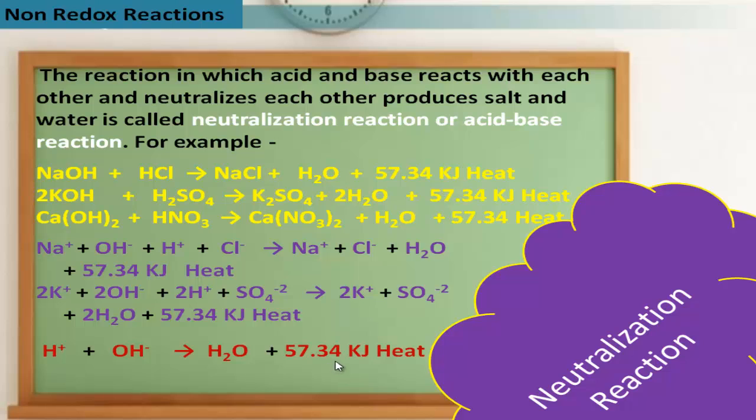For this, a fixed amount of heat is produced, and that is 57.34 kilojoules. So this phenomenon you have to learn from here: in any neutralization reaction of strong acid and strong base, a fixed amount of heat is produced, just for the production of water by the reaction between the hydrogen ion of the acid and the hydroxyl ion of the base.